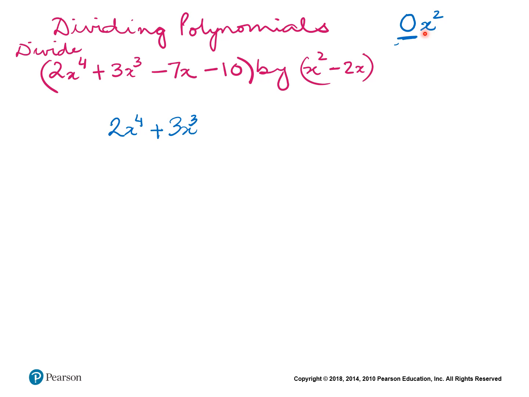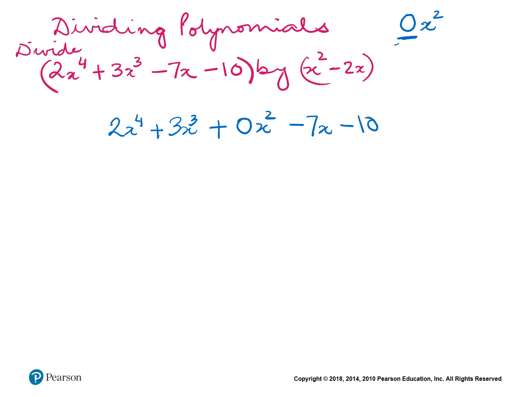Otherwise, it's going to be difficult to perform the long division. So I'm going to make this missing term between x cubed and x visible by writing it as 0x squared. Okay, so let's do that. Plus 0x squared, and then we continue minus 7x minus 10.